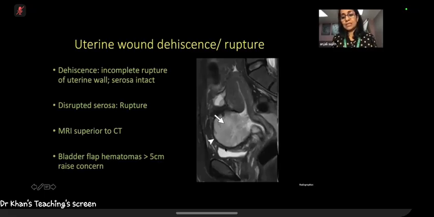So if the outermost serosal lining is intact, then that is uterine dehiscence. This is a huge bladder flap hematoma, which is contiguous with the uterine wound, and the serosa is intact, so this is uterine dehiscence. If the serosa is disrupted, then it becomes rupture. And of course, MRI is superior to CT to differentiate the two.